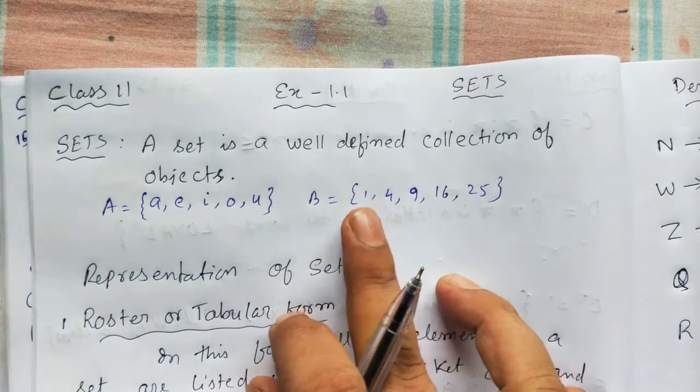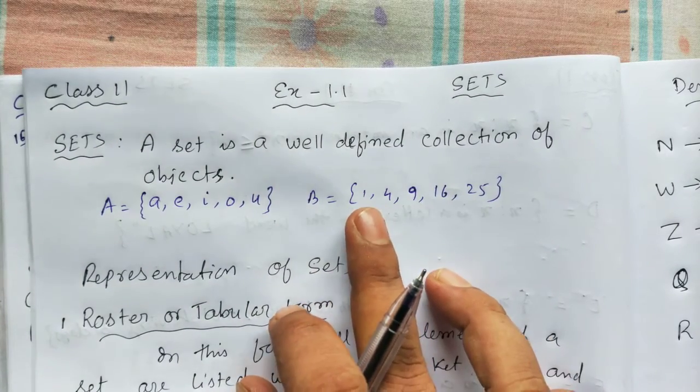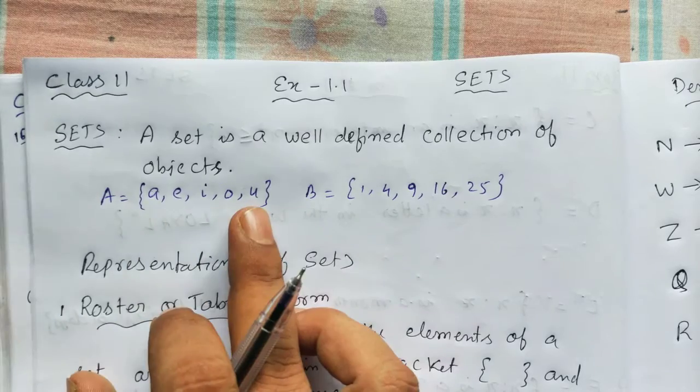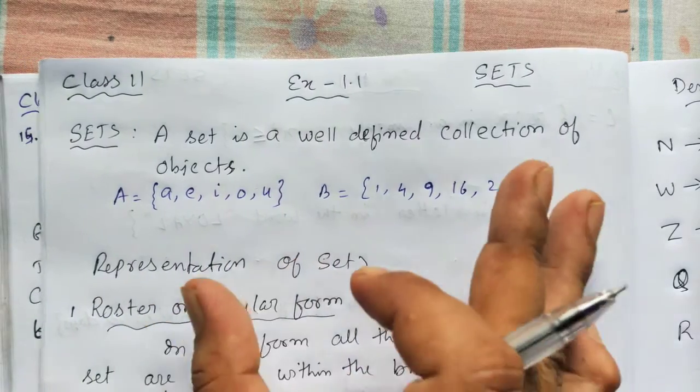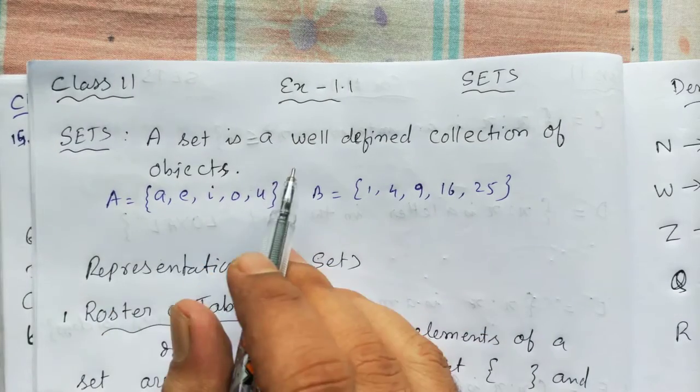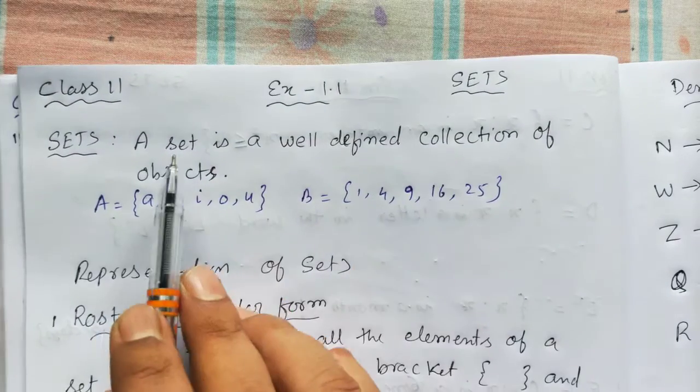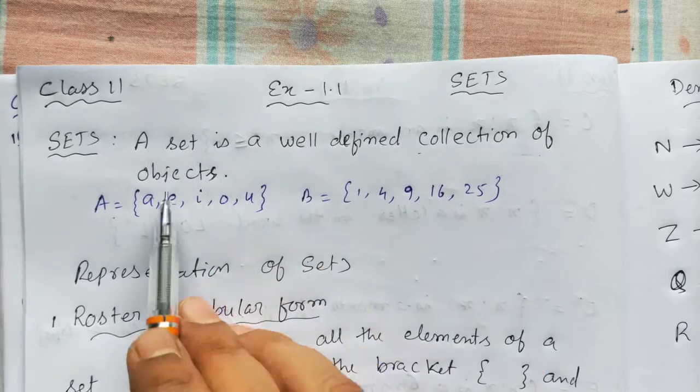It's a well-defined set. We can say that it's a square number from 1 to 5. This is a vowel of English alphabet. So these are well-defined objects. So you have to know that a set is a well-defined collection of an object.